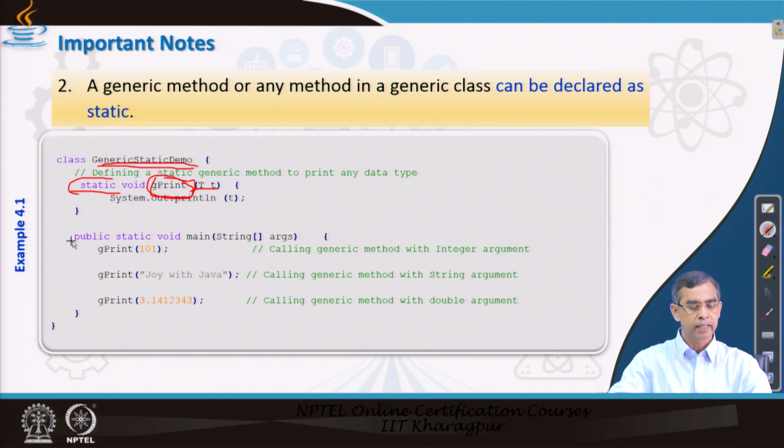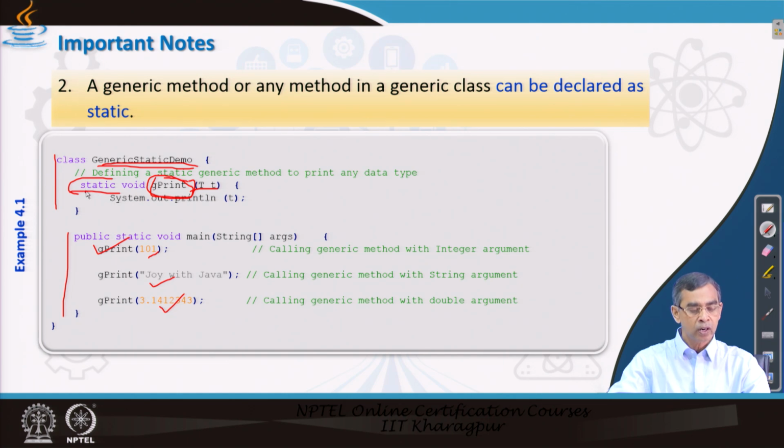After defining this class which includes a generic method, here is the main method, which uses gprint. This method is called for integer values, this one for string, and this one for floating point values. Here the static is there, so we did not create any object of this type.